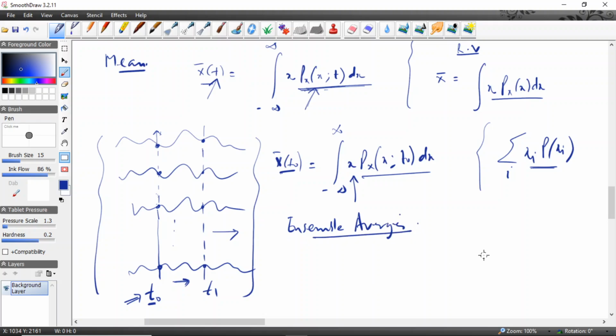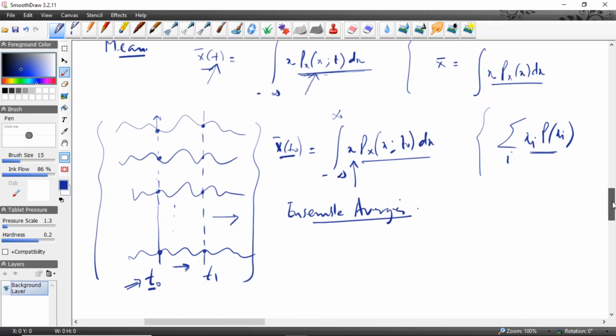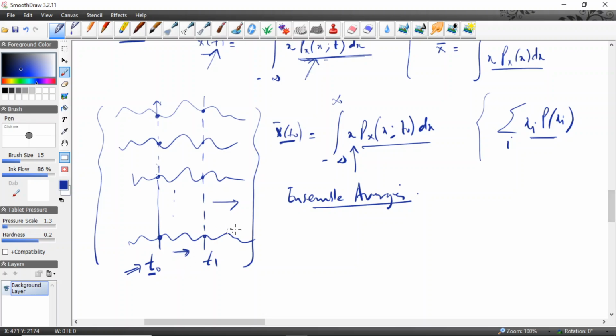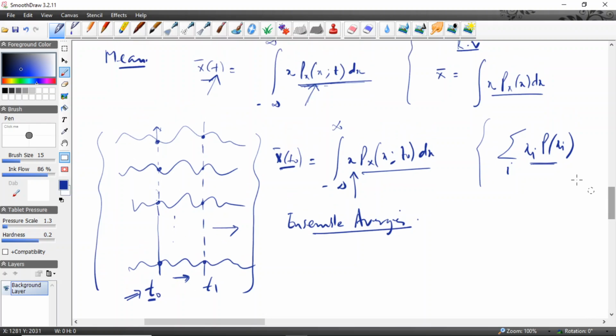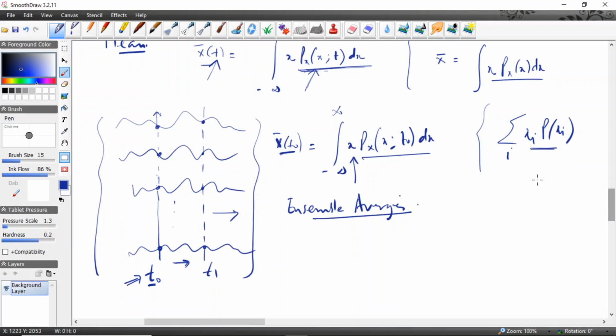And in ensemble averages, what I simply do is get rid of this PDF, the probability density function. So at this time, suppose you have 100 samples here, 100 sample functions. So at a particular time, definitely you will have 100 samples. Then the mean value at t naught is simply the sum of all these 100 amplitudes divided by 100, and so on.